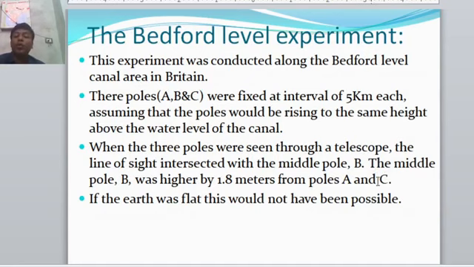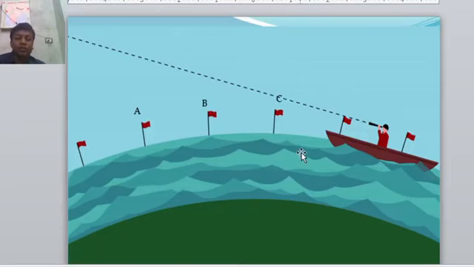The middle pole is higher by 1.8 meters than poles A and C. So this shows that Earth is spherical. So dear students, this is all about the evidences through which we can easily understand that Earth is spherical in shape, not flat.